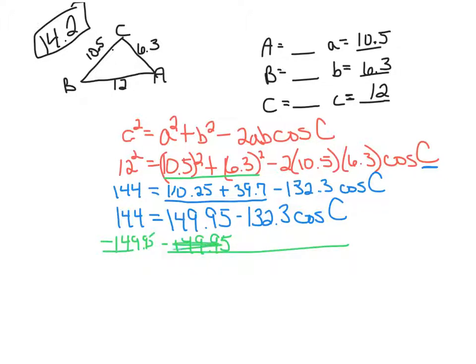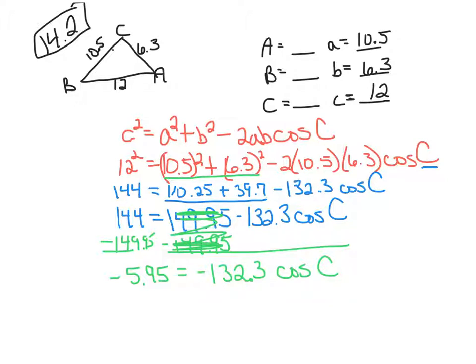Okay, that makes this go away, and it gives me negative 5.95 equals negative 132.3 cosine C.